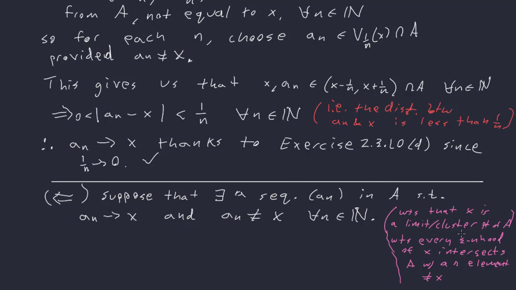Okay? Oh, well, we want to show that every epsilon neighborhood of x intersects A with an element not equal to x. So we have that a_n is already converging to x. Every a_n is in A, and every a_n is not equal to x.